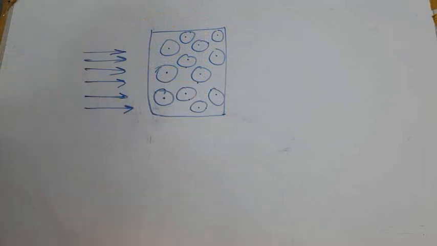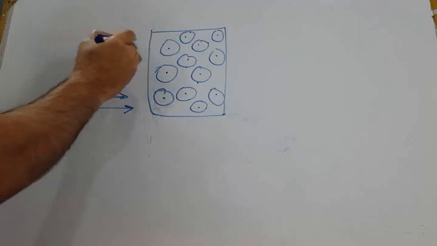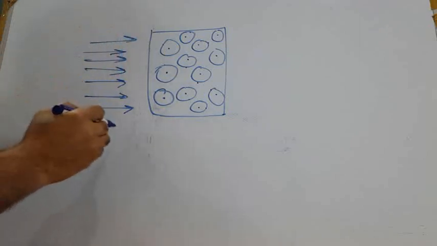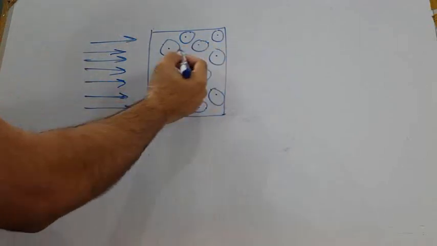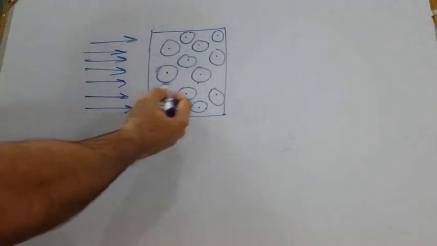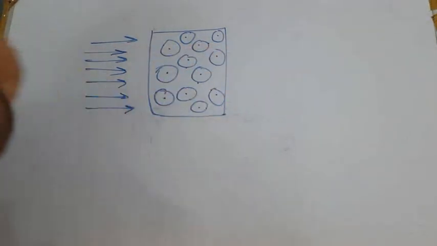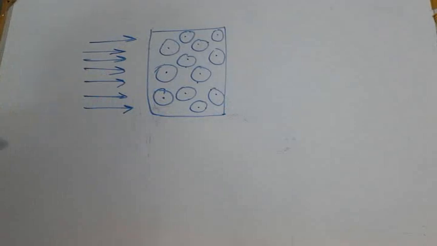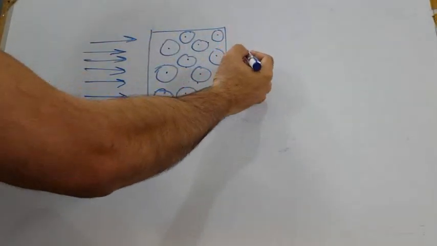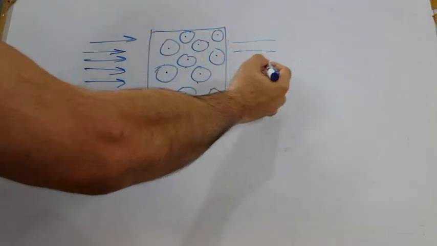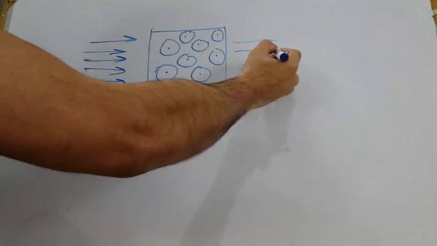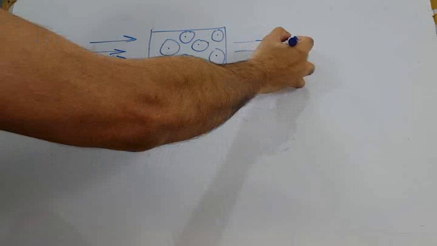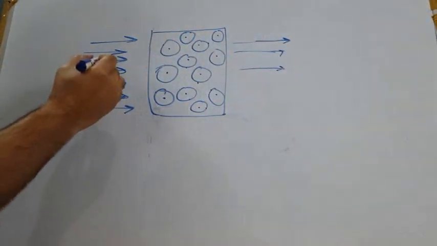If we pass electromagnetic waves of all frequencies or wavelengths, then what we observe when these frequencies pass through this sample and the coming out radiations, we find that certain frequencies are missing.